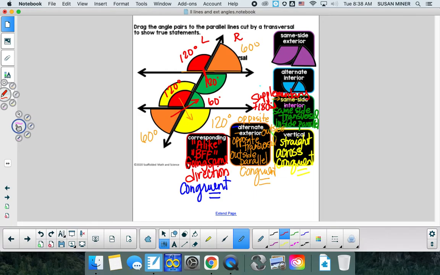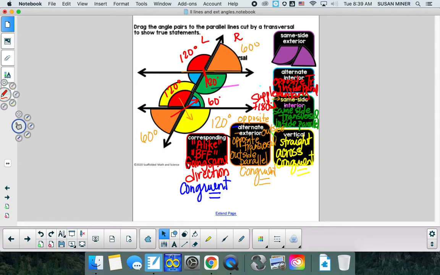All right, alternate interior. Well, the word alternate, remember, means opposite sides of the parallel lines. Oh, I gotta stop doing that. Okay, opposite sides, and interior refers to the parallel lines, so opposite sides of the transversal, and inside the parallel lines.